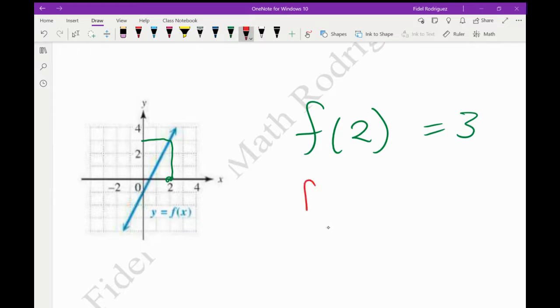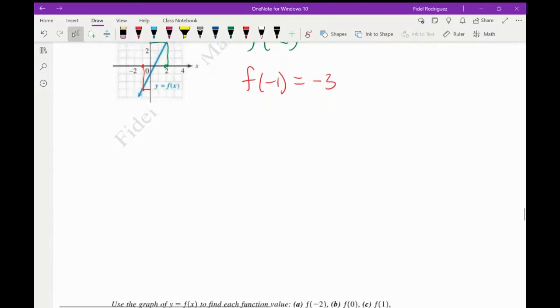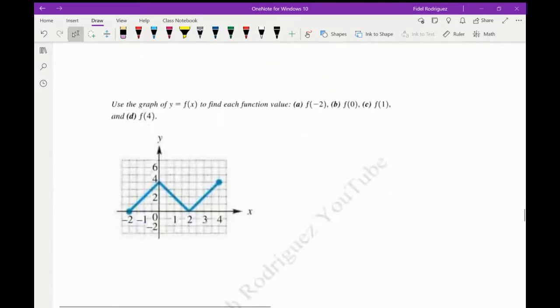And then if I'm going to do the same thing, f of negative 1, what I'm going to do is I'm going to come along here to the x-axis at negative 1, and I'm going to go down. And what's the number we're hitting there? Negative 3, right? So that's basically how I'm doing these problems here. It's kind of like a stare and compare type of thing, right? Look at the values and see what we're coming up with.